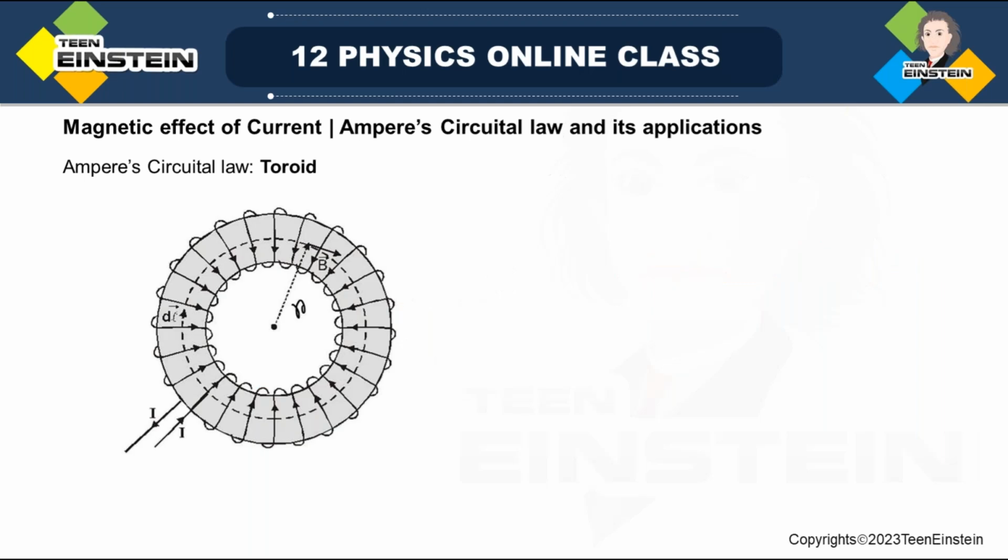Now we'll discuss another application of Ampere's circuital law, that is the toroid or toroidal solenoid. So what is this? Actually, this is a kind of endless solenoid. Toroid means endless.